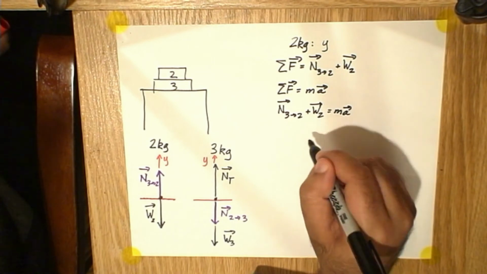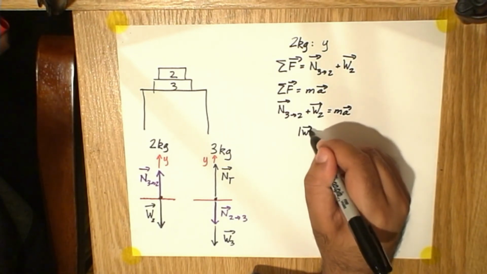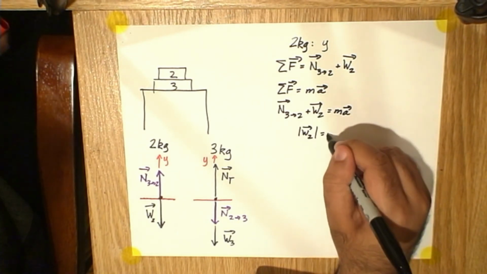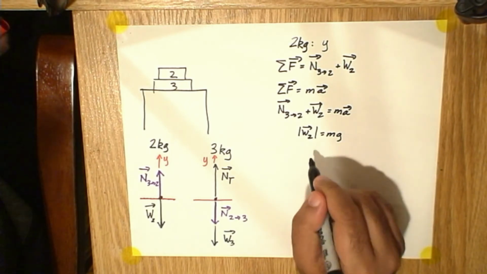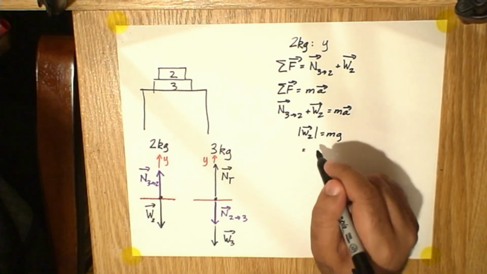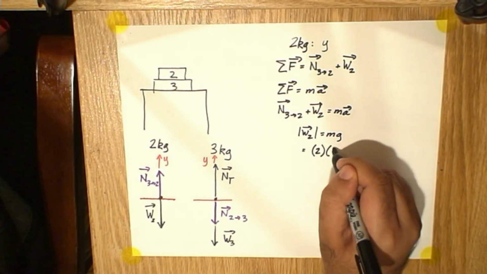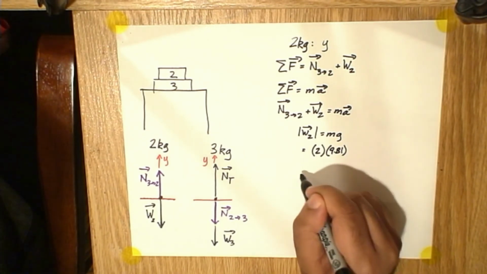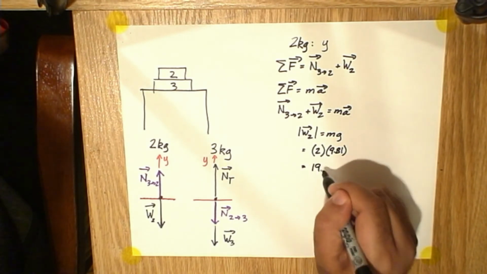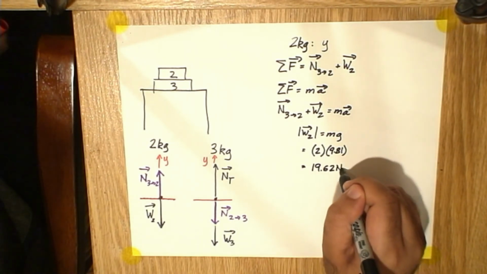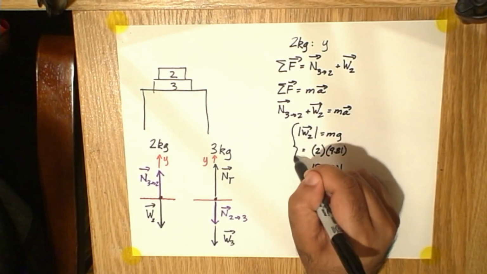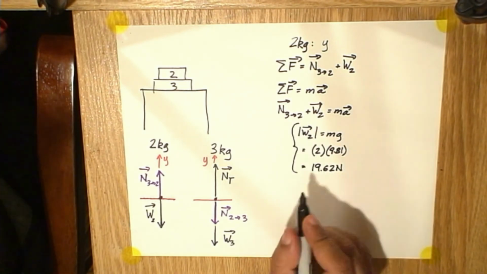The weight of 2 is easy to find. The weight of 2 is equal to mass times gravity, which is in turn equal to 2 times 9.81, which works out to 19.62 newtons. So that's the size of the weight of number 2.